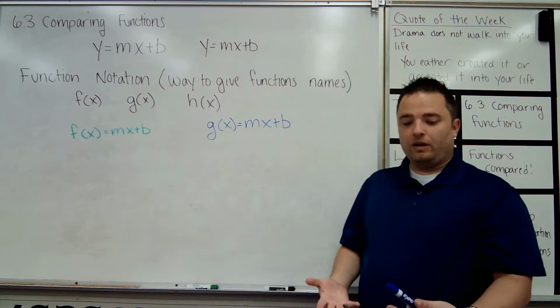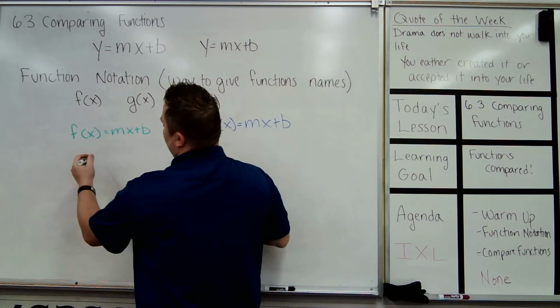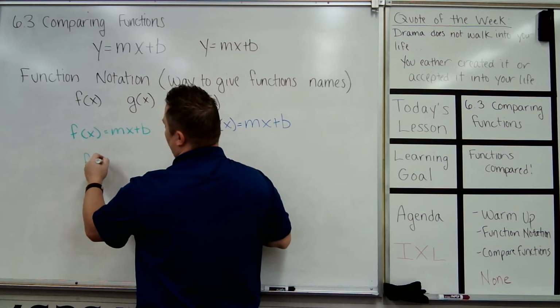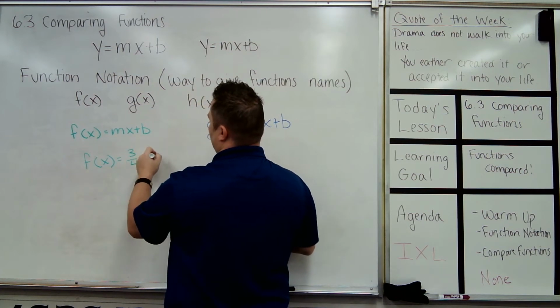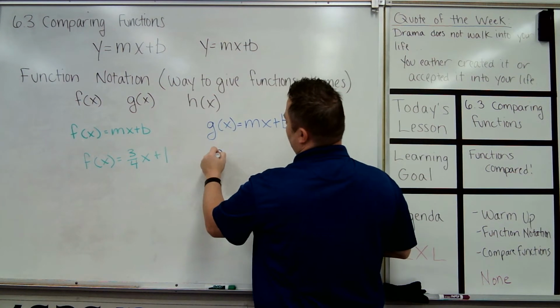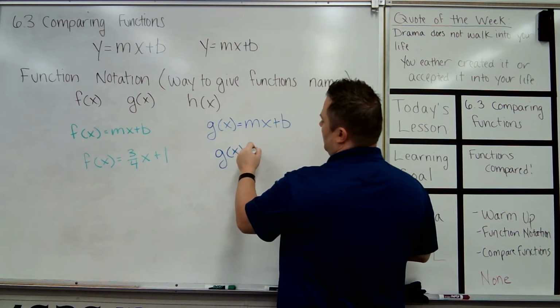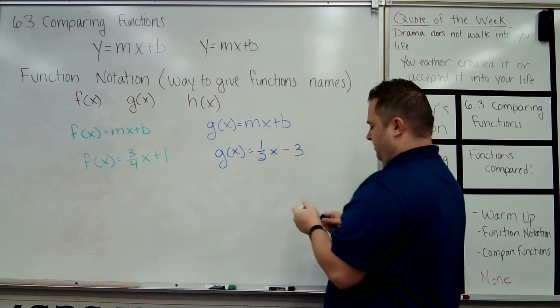So, for example, when I'm starting to compare functions, let's just say f was something along the lines of f of x equals 3/4 x plus 1. And we'll say that g of x equals 1/2 x minus 3.